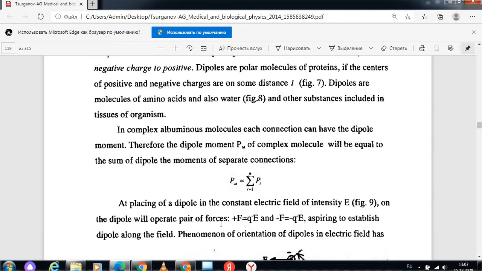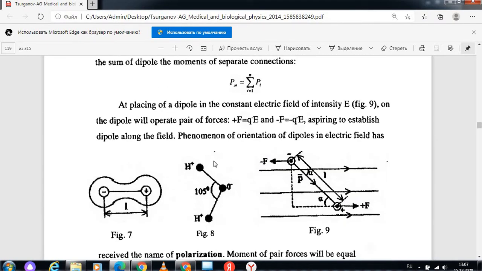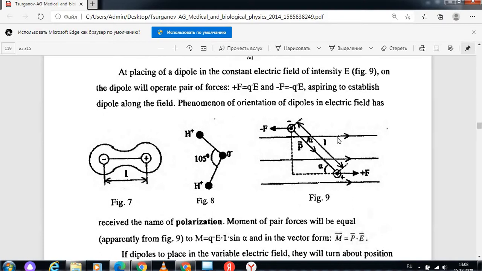At placing of a dipole in a constant electric field of intensity E, on figure 9 here, the field will operate with a pair of forces. One of the forces, F plus, equal to Q multiplying by E, will turn this dipole to the right hand, and the other is minus F, equal to minus Q multiplying by E. So they are aspiring to establish the dipole along the field, turning this dipole towards the same direction of the field.